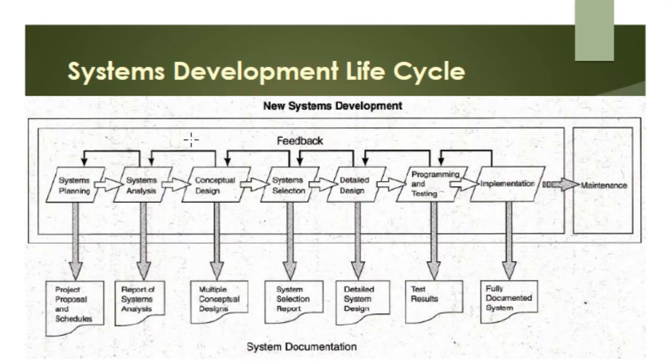So as you can see here, you have the following steps to your SDLC. You have systems planning, analysis, conceptual design, system selection, detailed design, programming and testing, implementation, and the maintenance. And then the following here are your documentations or the outputs in each phase of your SDLC.